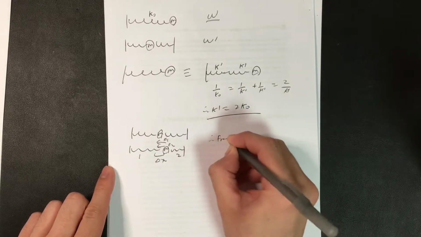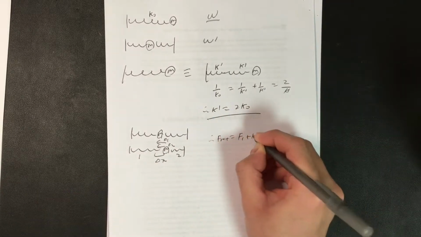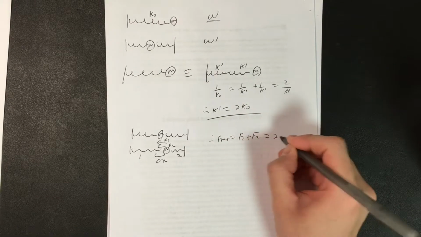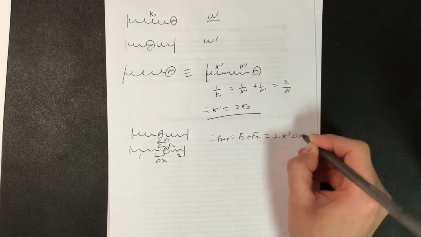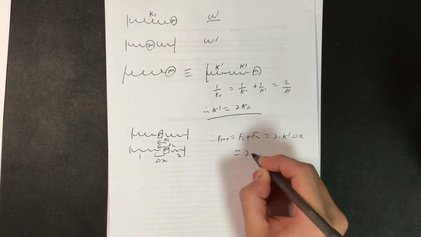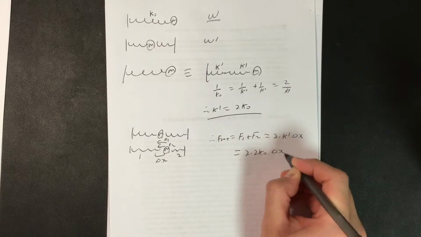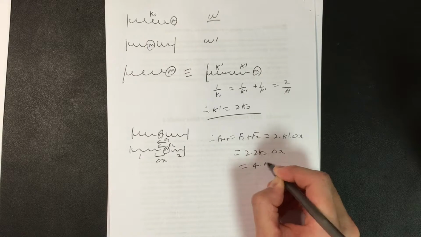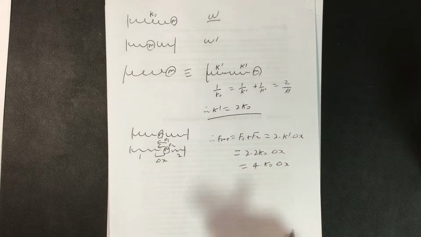And therefore, the net force, which equals F1 plus F2, equals 2 times k prime times delta x, in which this equals 2 times 2 k naught times delta x, which equals 4 times k naught times delta x.